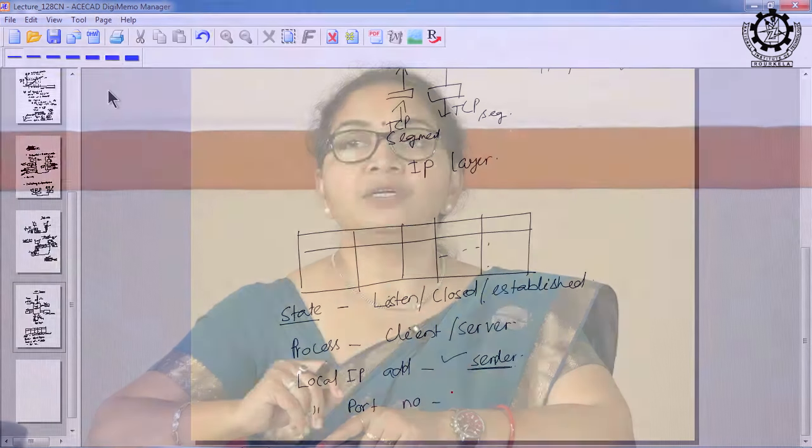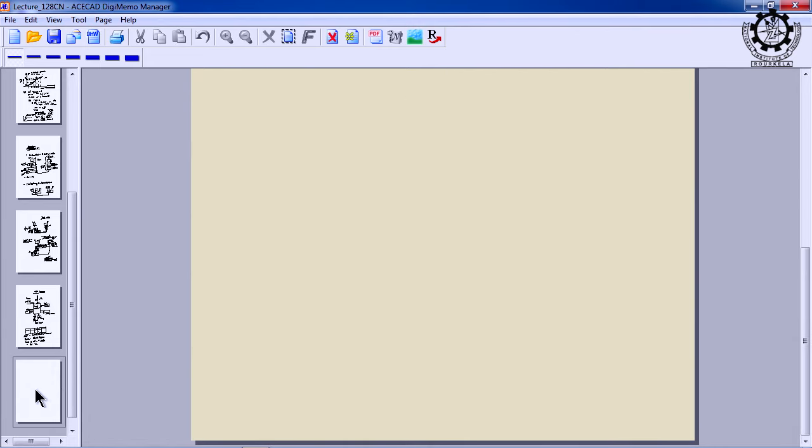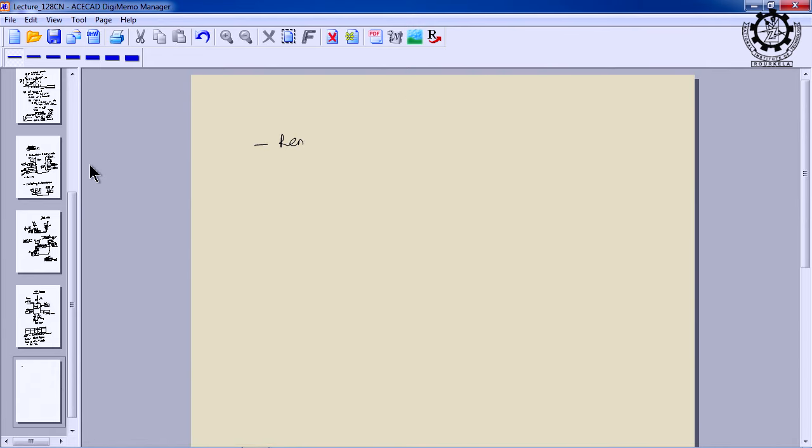So, everything is entered into this TCP, saying what is my lower layer IP address, what is the process ID that I am using, whether the process is in any state, active state or established state or not, and then it also gives the information about the remote IP address. This is for the receiver.